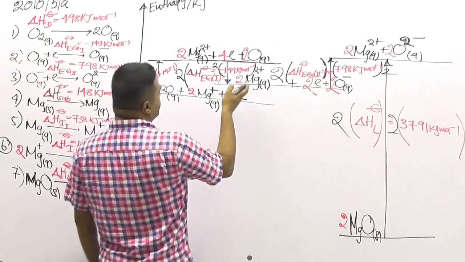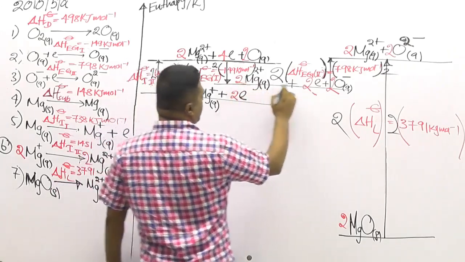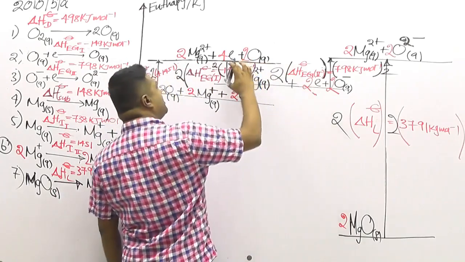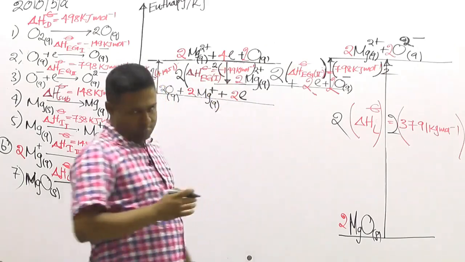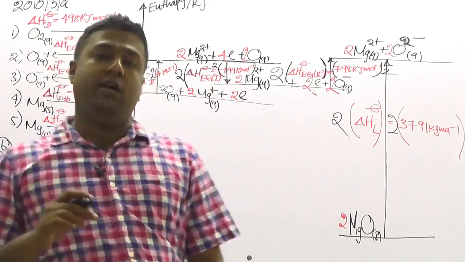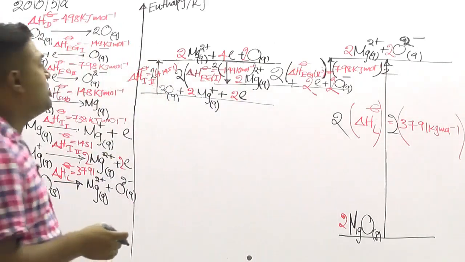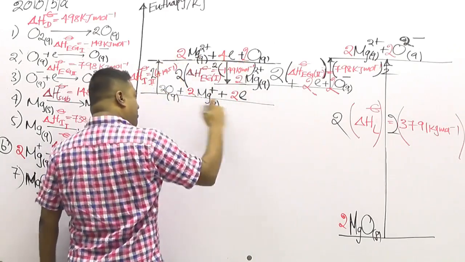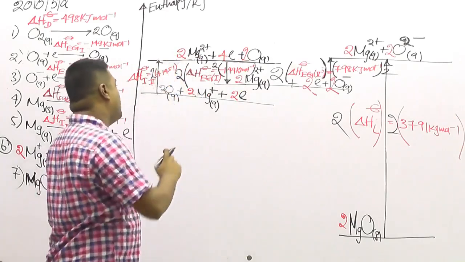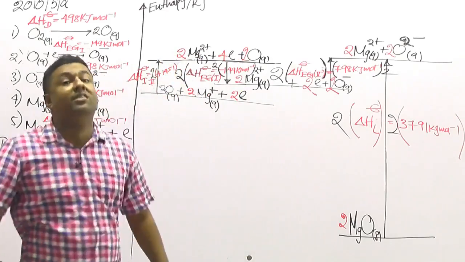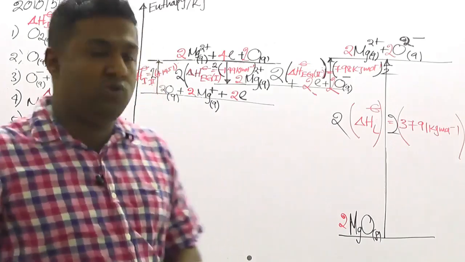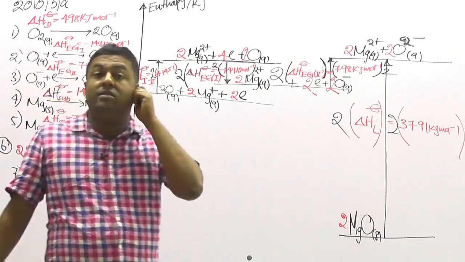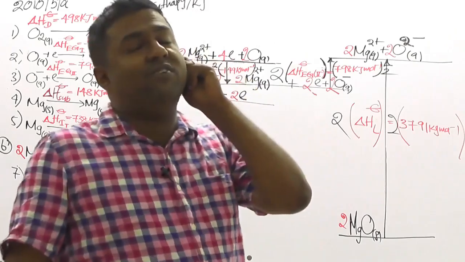But this one is just 300, because it is minus 149, and twice of that can be 300. So this 300 is again in between this energy level and this energy level, because its difference is 3000.